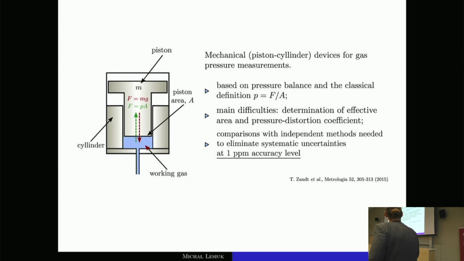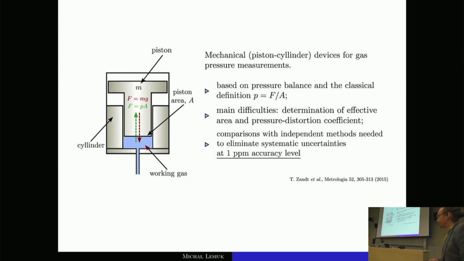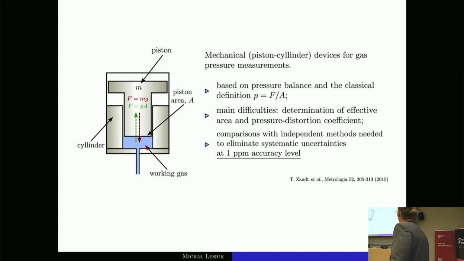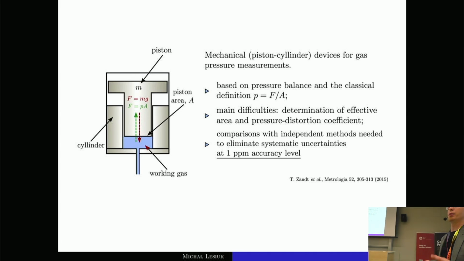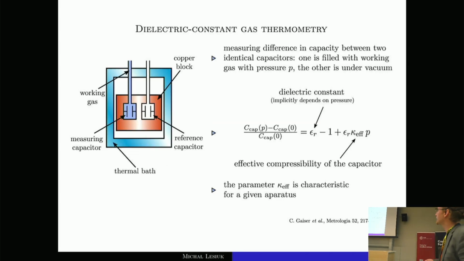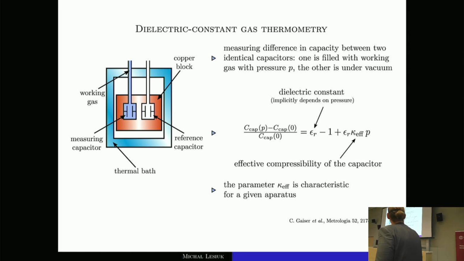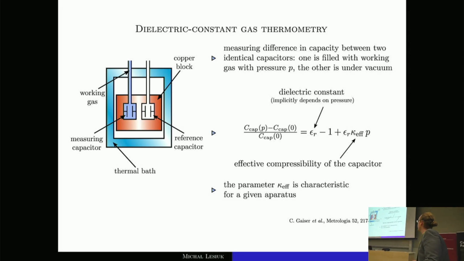And to find these coefficients and parameters for a given apparatus, you need to perform quite substantial calibration. For this calibration, you use nowadays different techniques, two of which I will introduce to you in a second. The first technique used for calibration is called the dielectric constant gas thermometry, or DCGT.